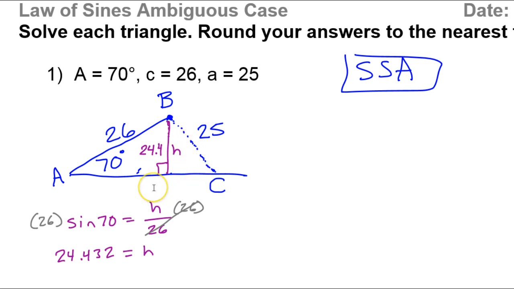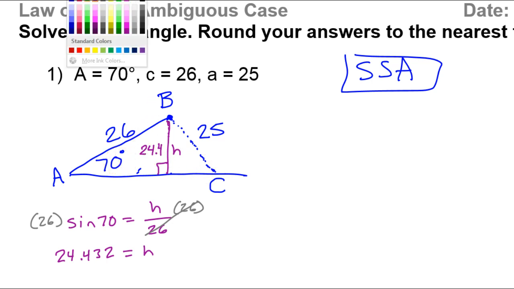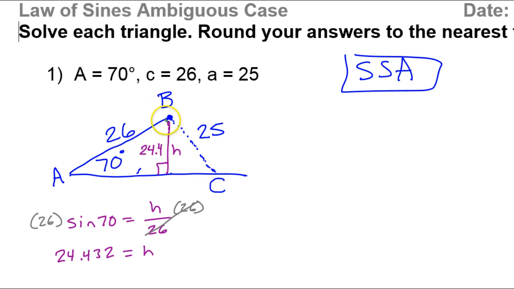So we can make at least one triangle. So the question is, can we make two triangles out of it? And so here's the thing. This 25 is long enough to reach over here. So the question is, would it also fit inside the triangle like this? And the answer is yes.